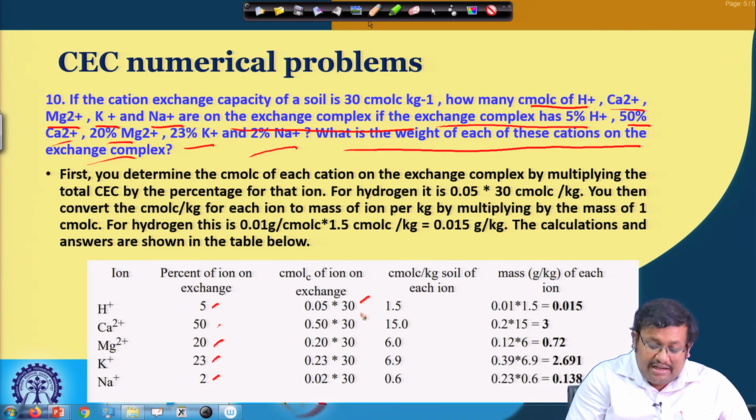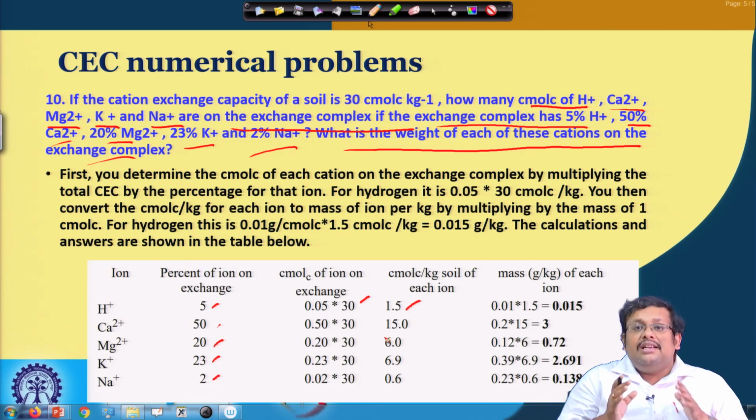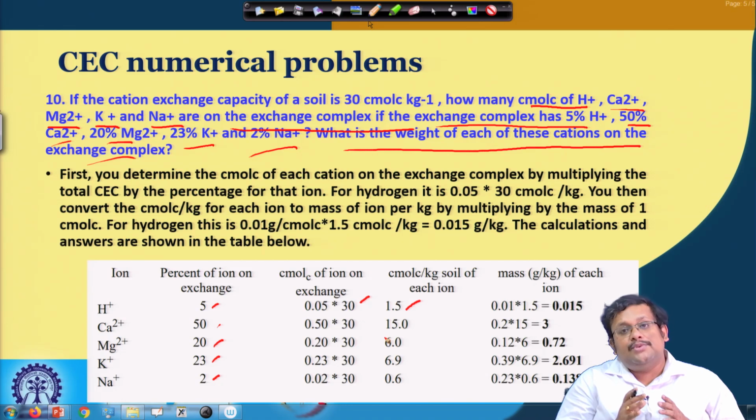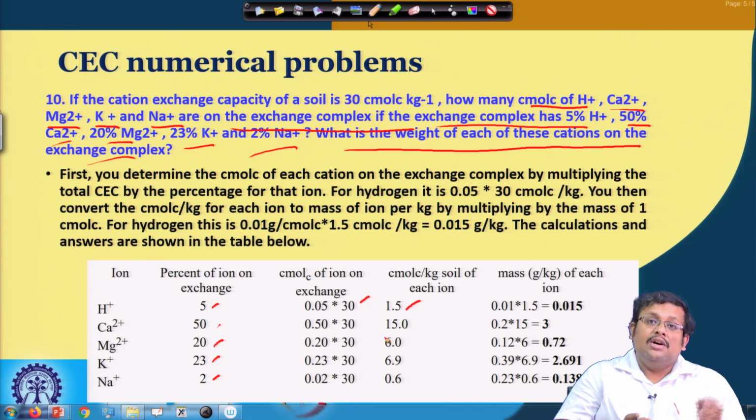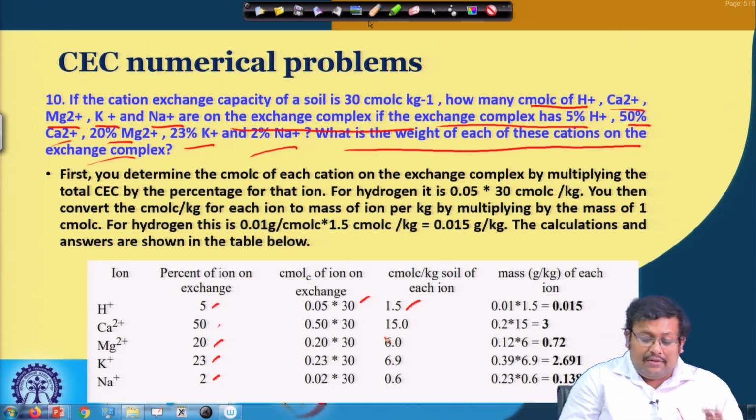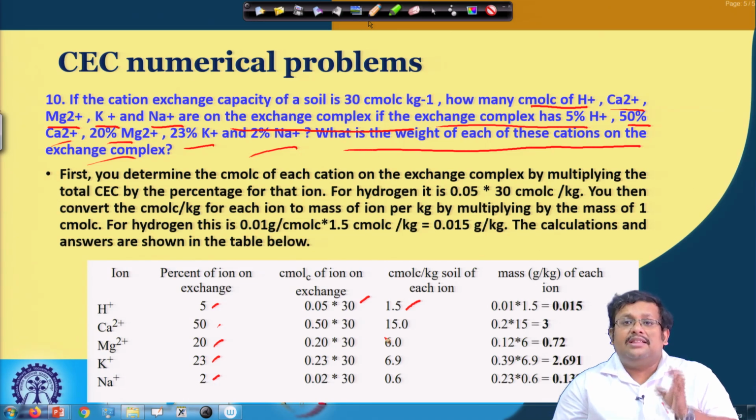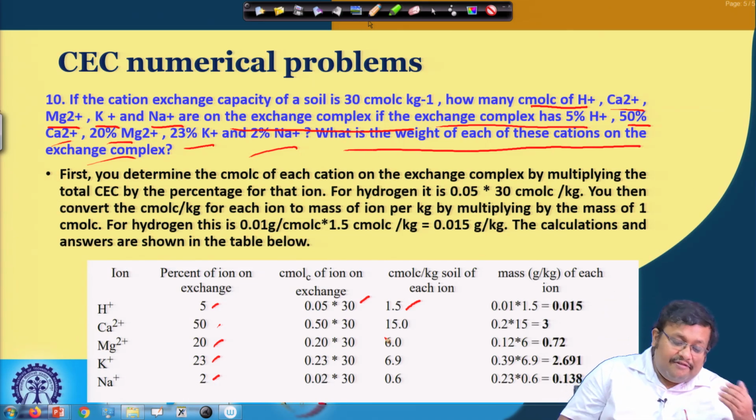So, if we multiply the CEC with the percentage of ion in the exchange complex, we will get the centimole charge per kg of soil for each of the ions. That means, in the 30 centimolar charge per kg of soil, that is the total CEC, the contribution of each individual ion we can get by multiplying the total CEC with the fraction of that ion.